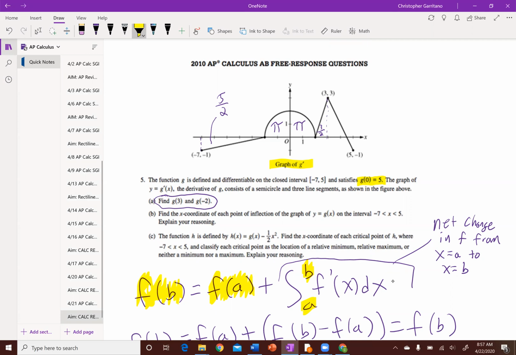And remember, when you integrate a rate, that tells us the net change in f from x equals a to x equals b. So we know what the value of f is at a, and then we want to add to it the net change from a to b. If we have the value of f at a, and we add the net change in f from a to b, then we'll have the value of f at b.